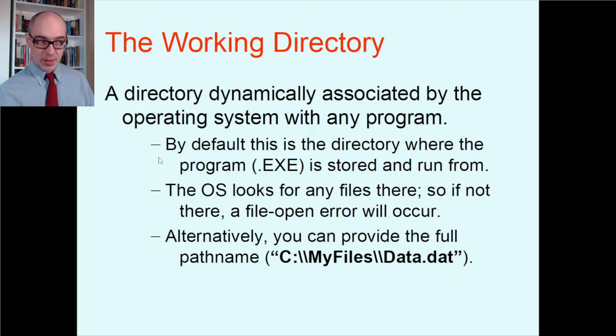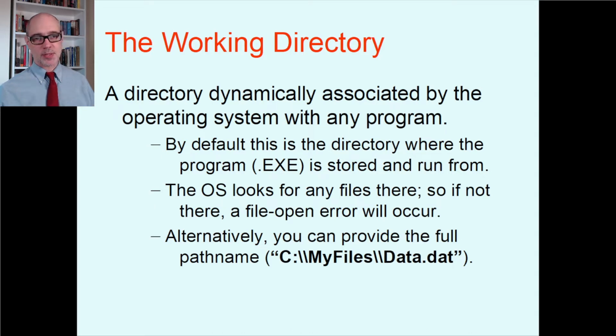Again, on Windows, the program is your file with a .exe executable extension. That's really the program it's running. So wherever the exe file is, that's what we mean by the working directory. And why that's important for us today is that when you do file handling operations like opening or reading or writing, the operating system looks for those files in the same place.